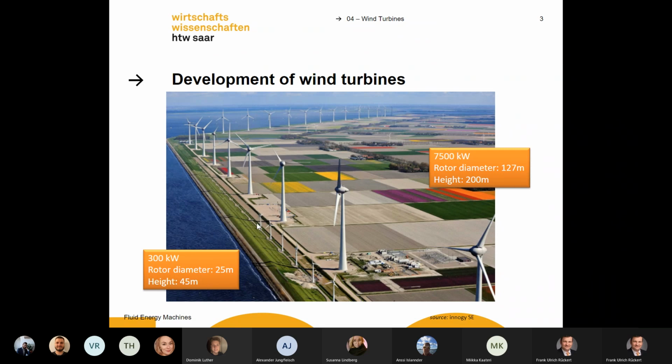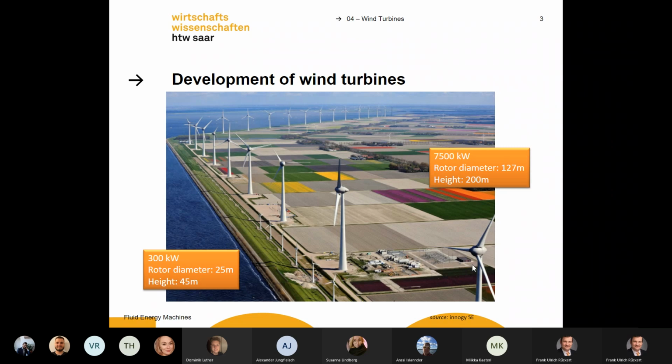And here you can see some wind turbines. You can see small wind turbines. They're somehow older. They are about 300 kilowatts, and they have a small rotor diameter of about 25 meters and a height of 45 meters. And behind these small, older wind turbines, you can see some modern turbines here.